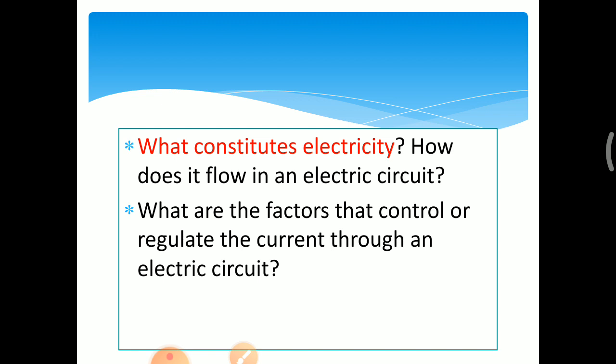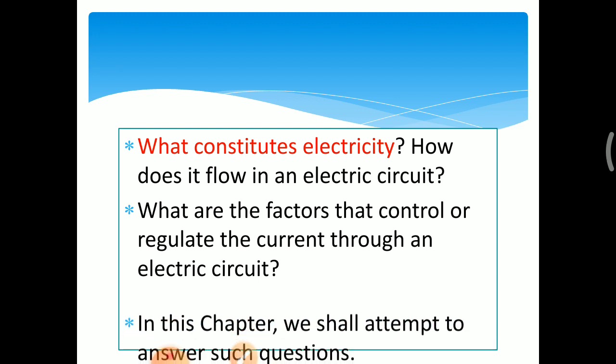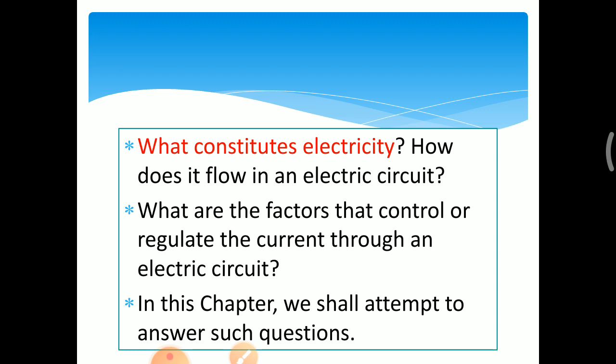Who controls the current in the electric circuit? How can we control the electric current in the circuit? We have these questions in our mind. So in this chapter we are going to see the answers to such questions.